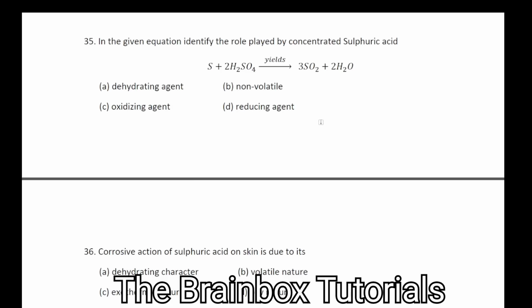See the reaction carefully and think about the answer. And the correct option is C, oxidizing agent. Here you can see because of H2SO4, S has been converted into SO2, that means O is added to it, so H2SO4 is behaving like an oxidizing agent.